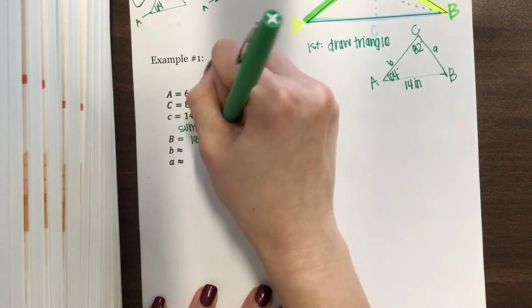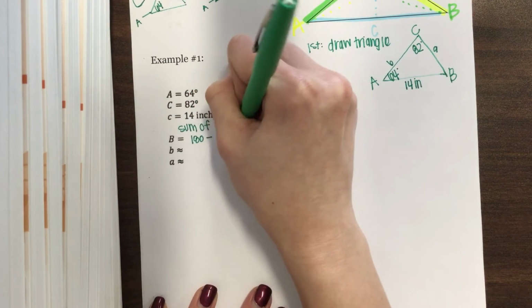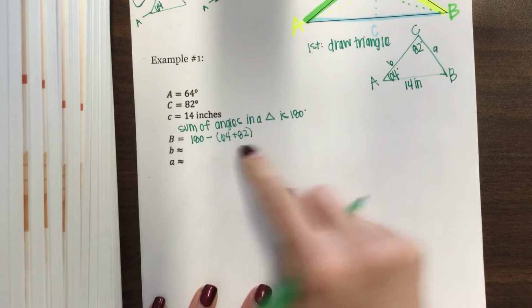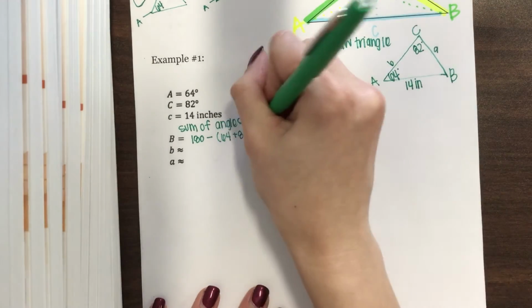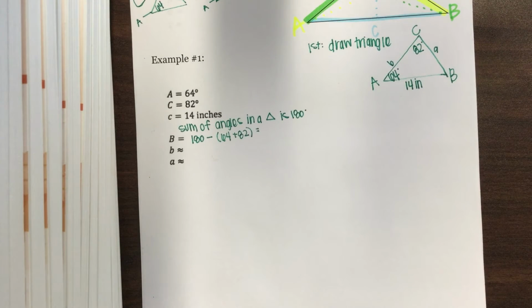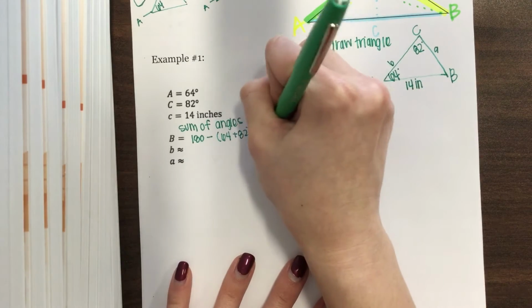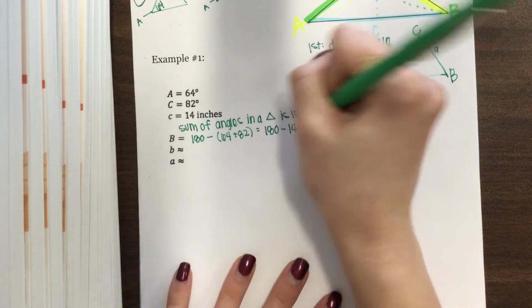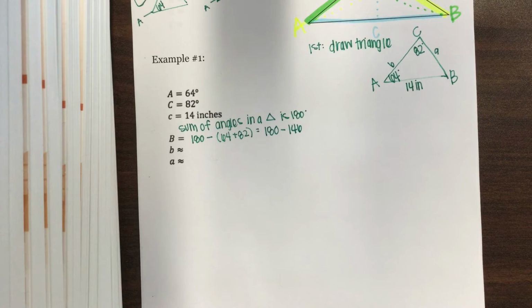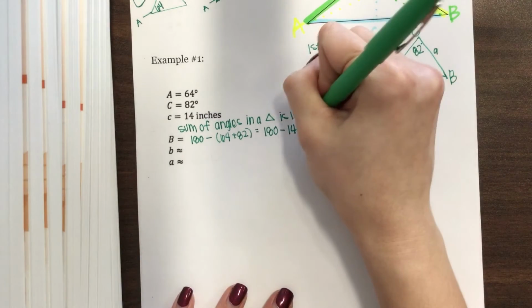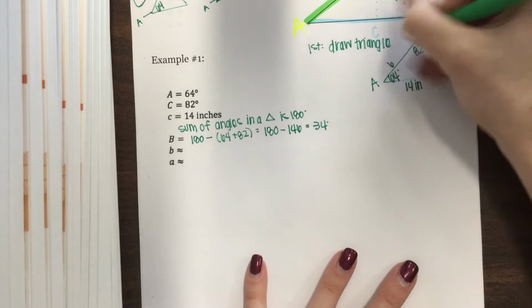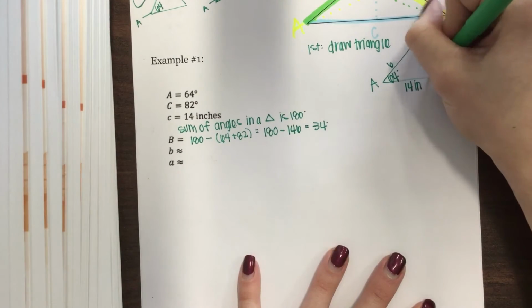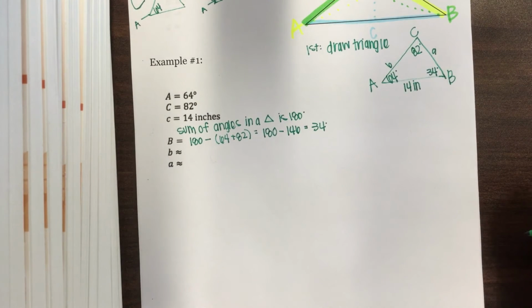We're going to subtract 64 plus 82, because those two angles added together, subtracted from 180, will give us this angle. 64 plus 82 is 146. So this is 180 minus 146, which is 34 degrees. That means this angle right here is 34 degrees, so I'll label that 34 degrees.